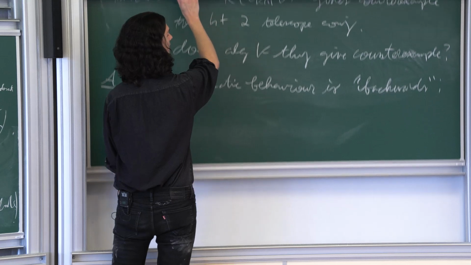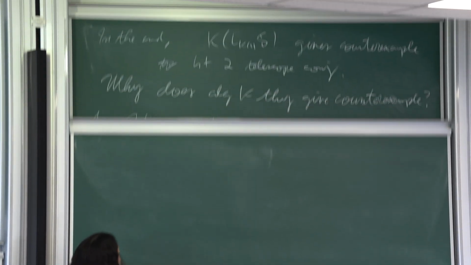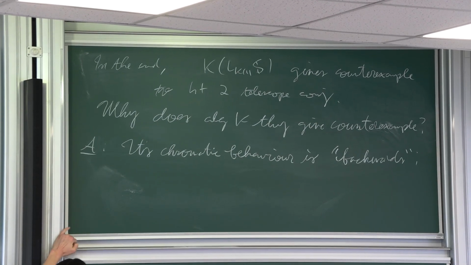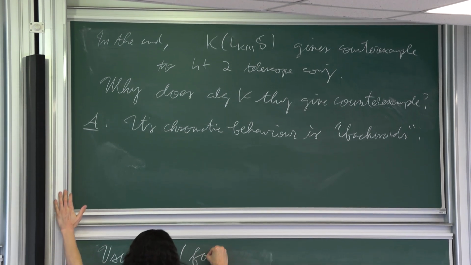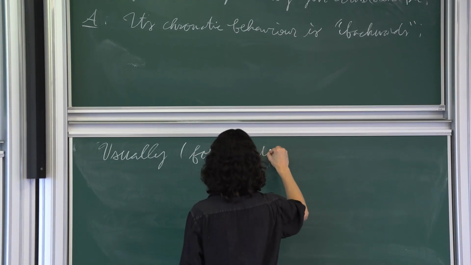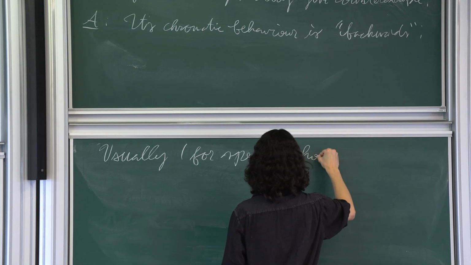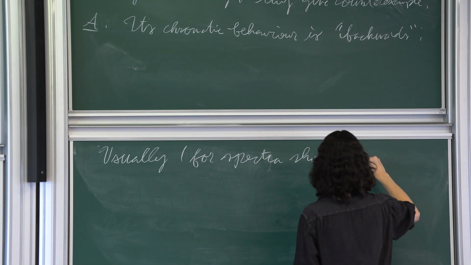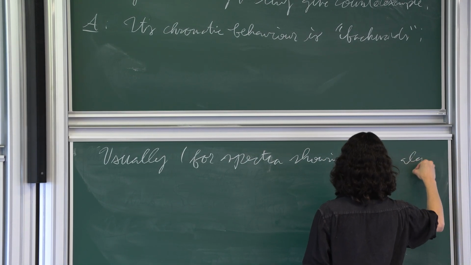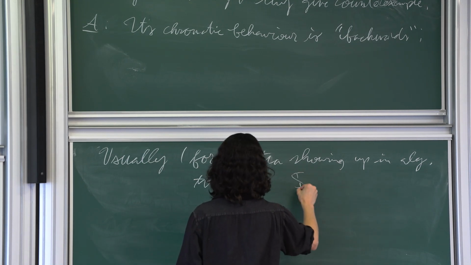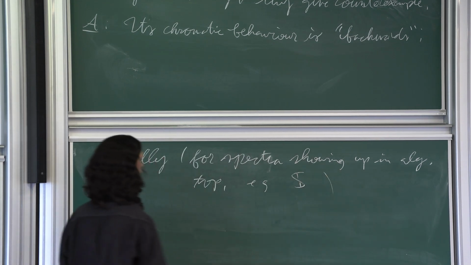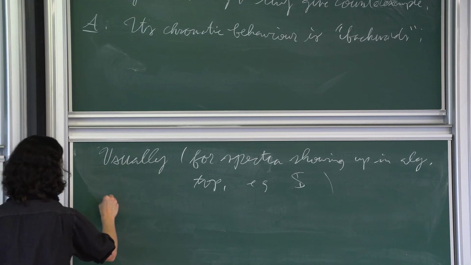Usually, say for spectra showing up in algebraic topology, so for example, the sphere spectrum or any finite spectrum, you have some properties.